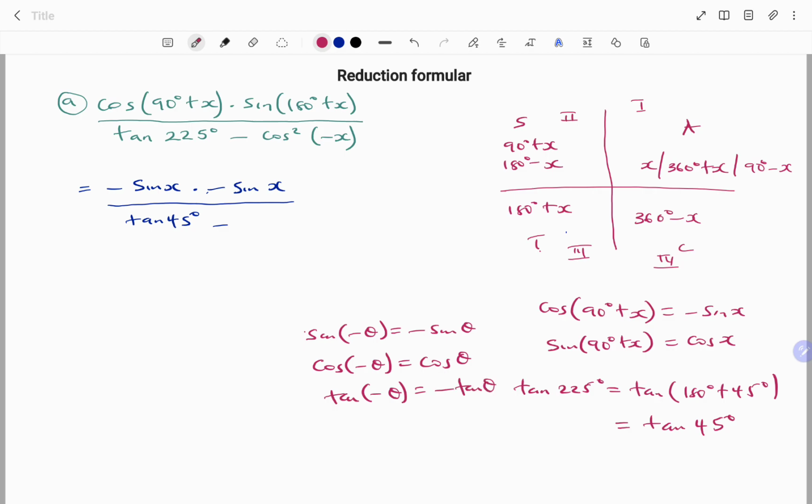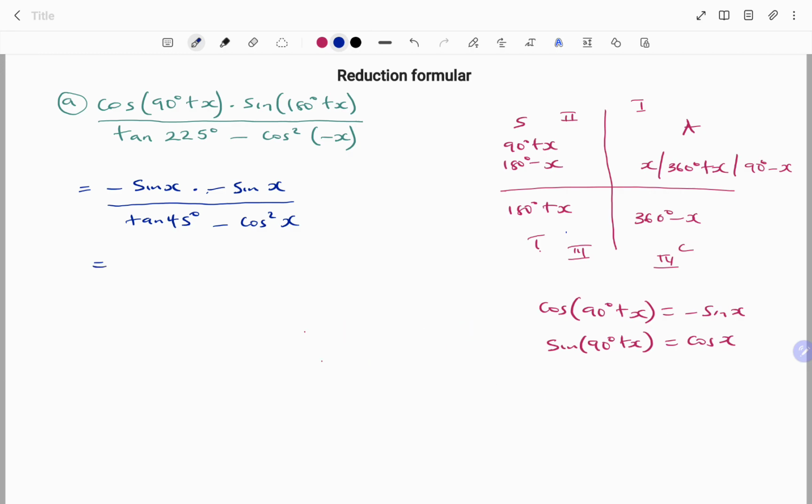For negative angles, only cos is positive. So changing that in our equation, cos(−x) will give us cos x, so that's cos² x. If we keep simplifying, minus times minus is positive, sin x times sin x is sin² x, over tan 45°, that's 1, minus cos² x.